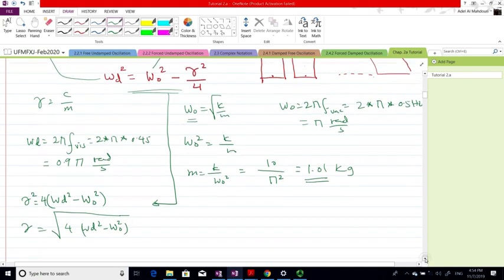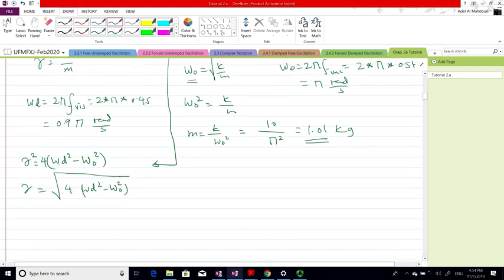It means you will have square root of 4 multiplied by square root of omega D squared minus omega naught squared. And square root of 4 is what? So we will have 2 square root of omega D squared minus omega naught squared, okay?